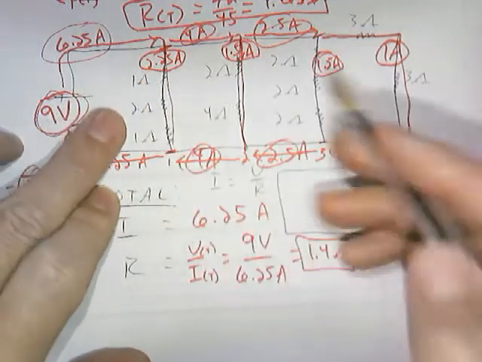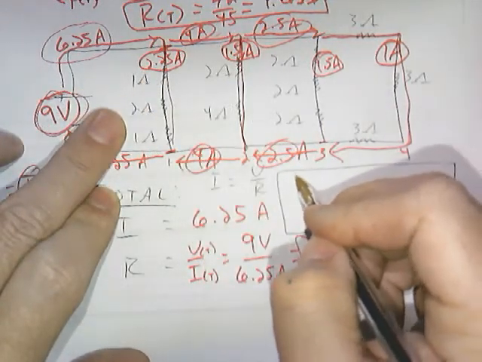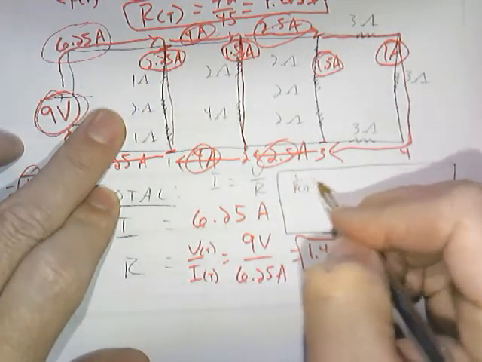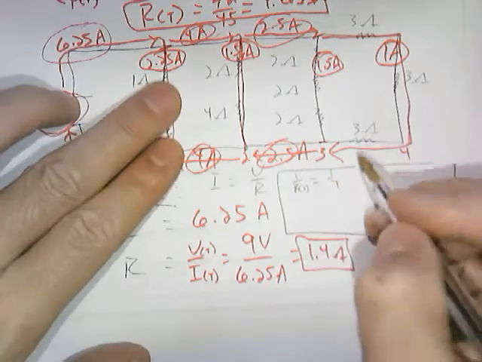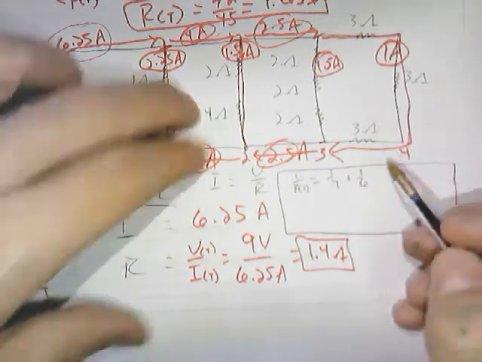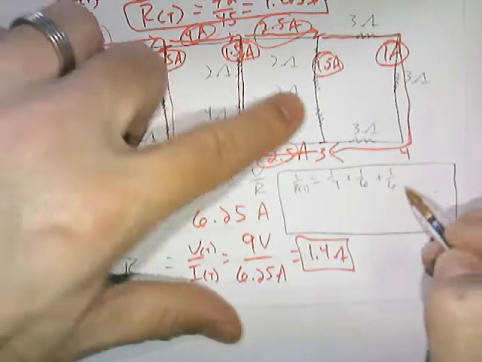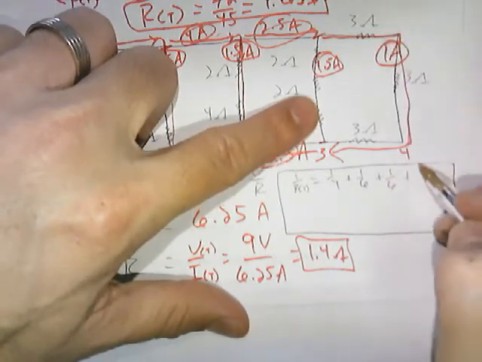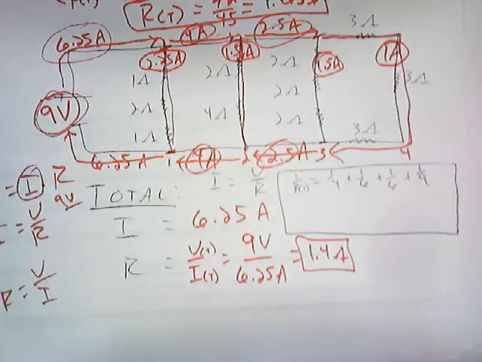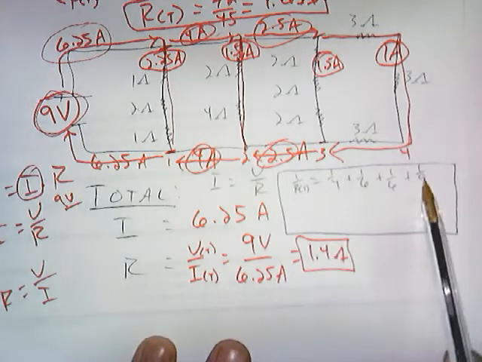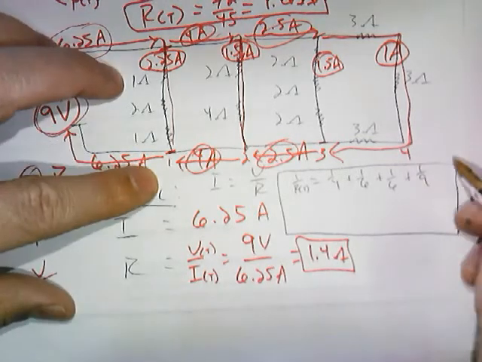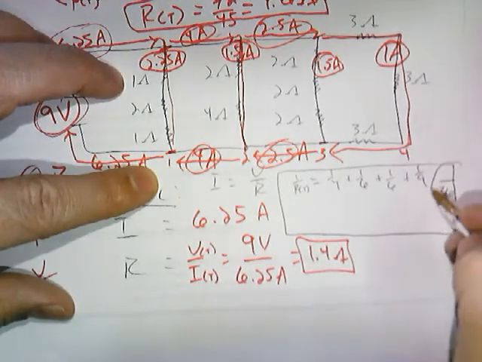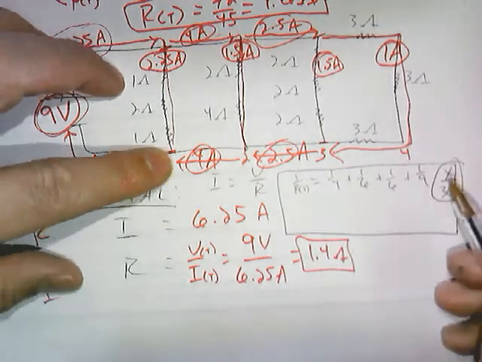So here I have 4 ohms total. So my 1 over resistance total is going to equal 1/4 plus 1/6 plus 1/6 plus 1/9. And that's key. So I have my fraction set up. So now my common denominator is going to be 36. So I'm solving for, what are these fractions out of 36?